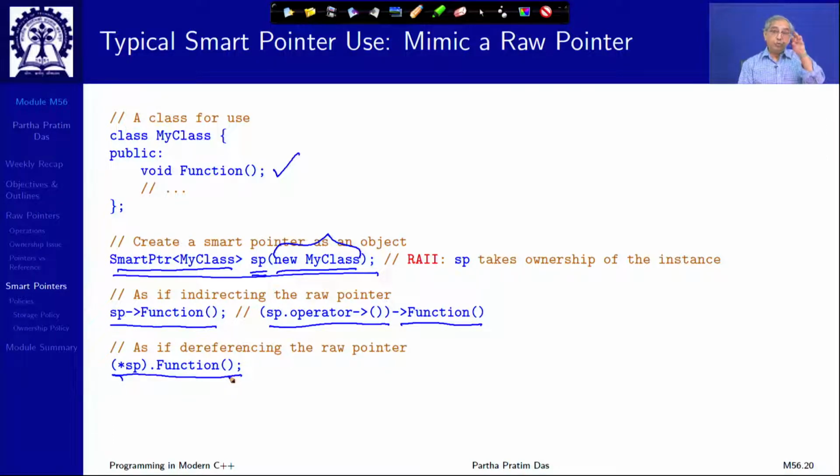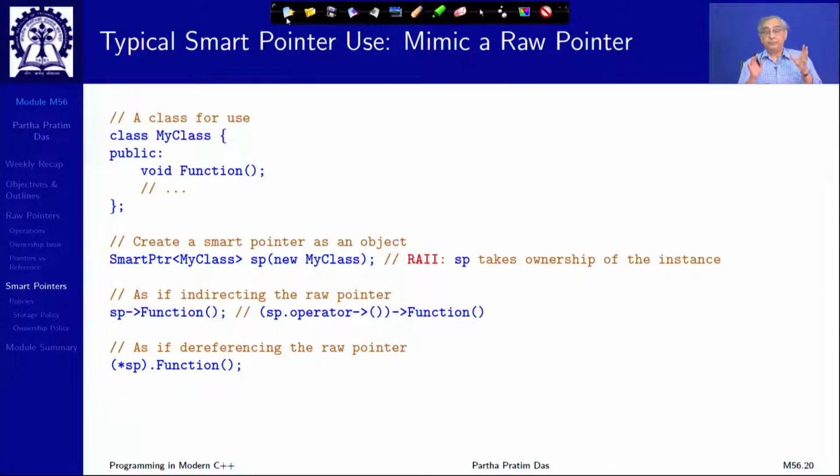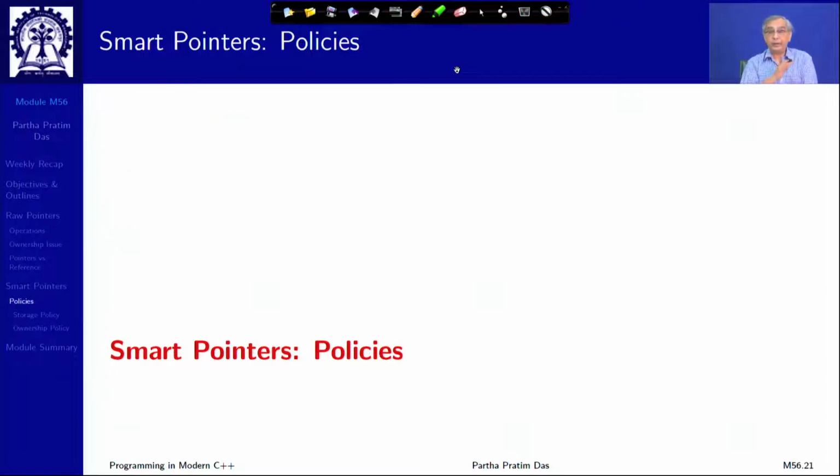So, with these two operator overloadings and these basic construction, destruction, copy, move kind of operations, I can have a smart pointer which behaves exactly like the raw pointer, which mimics the raw pointer, but can now behave in a multiple of different ways.